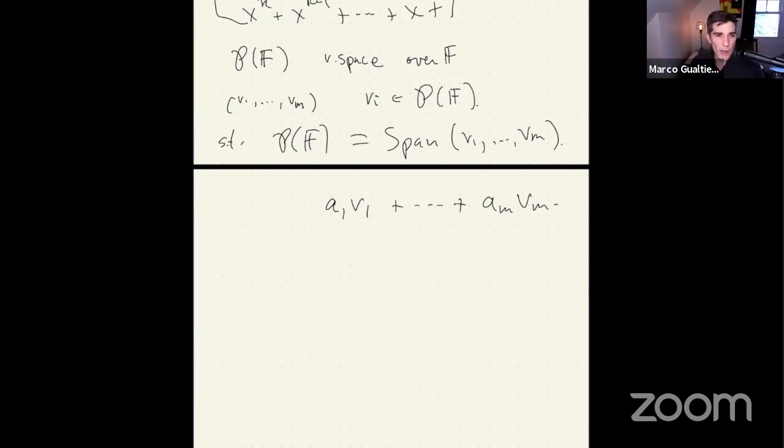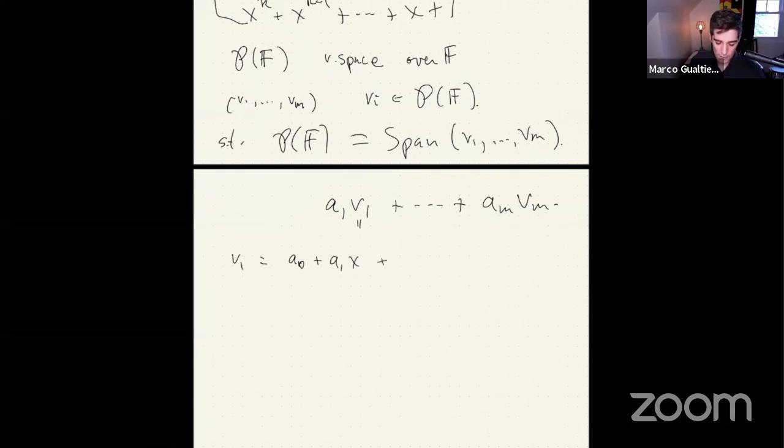This is a losing battle, because suppose V1 is a polynomial. V1 looks like a0 plus a1 x plus a2 x squared plus ... plus ad x to the d.